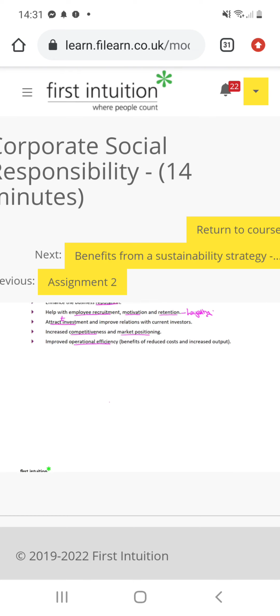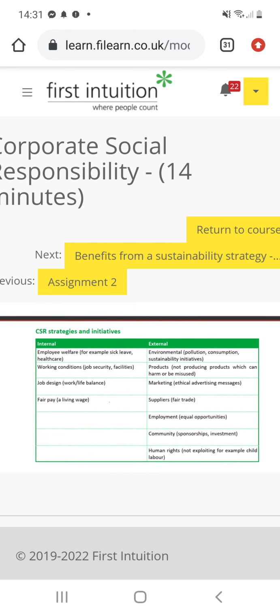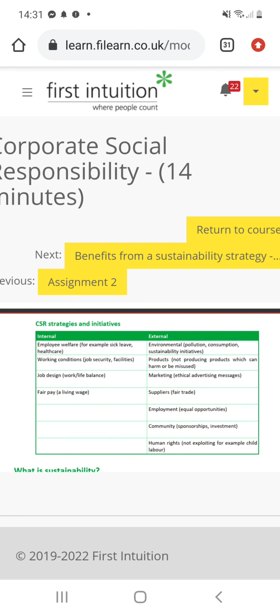So, what could organisations put into place? We have some examples here with CSR strategies and initiatives. And these can be both internal on the left hand side and external. So, looking down our internal methods, first of all, we can look at employee welfare.